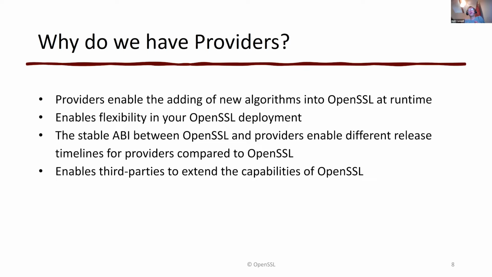The stable ABI that I mentioned enables different release timelines for OpenSSL itself and providers. So you can be using the latest version of the OpenSSL libraries and a provider which is compiled against maybe an older version of OpenSSL, for example. And obviously it enables third parties to extend the capabilities of OpenSSL.